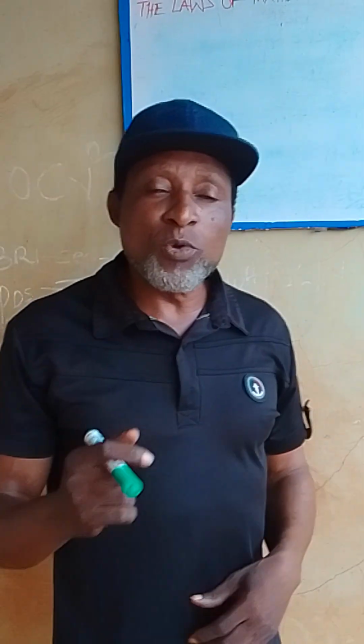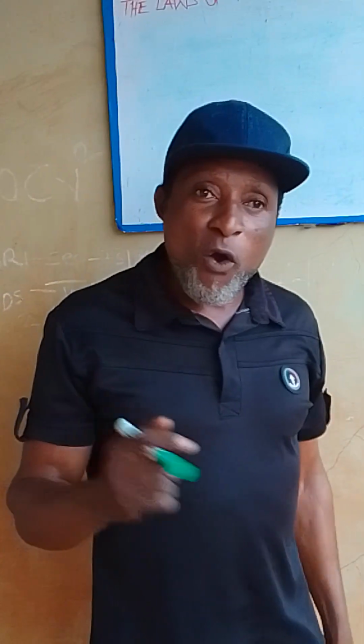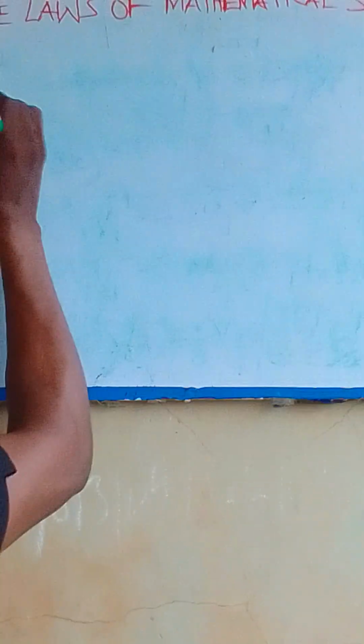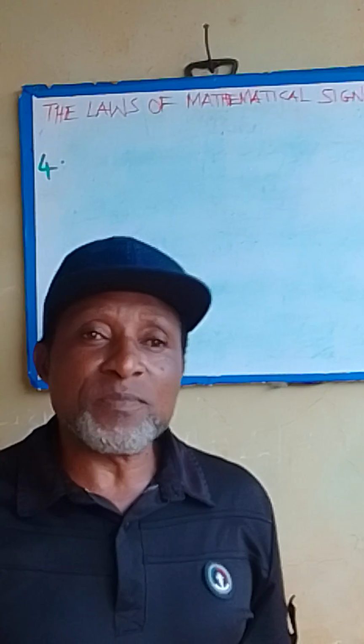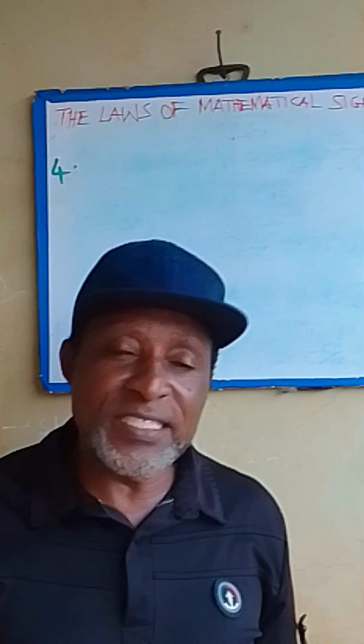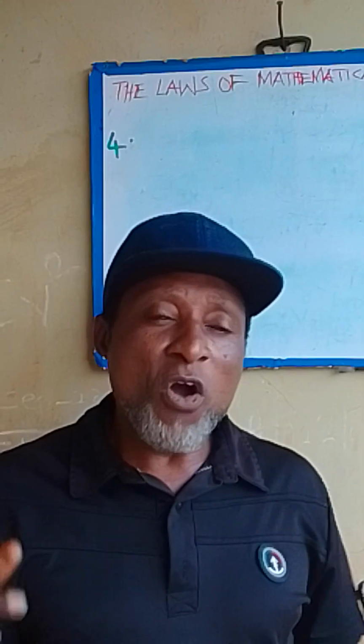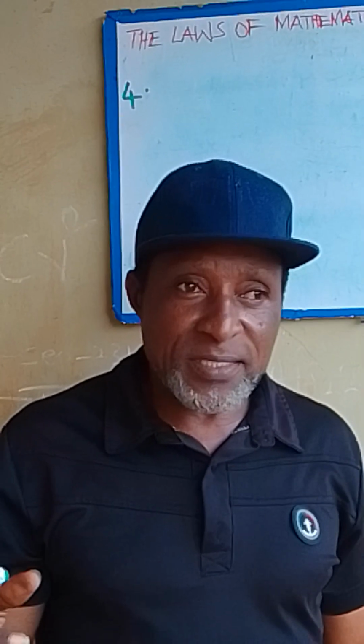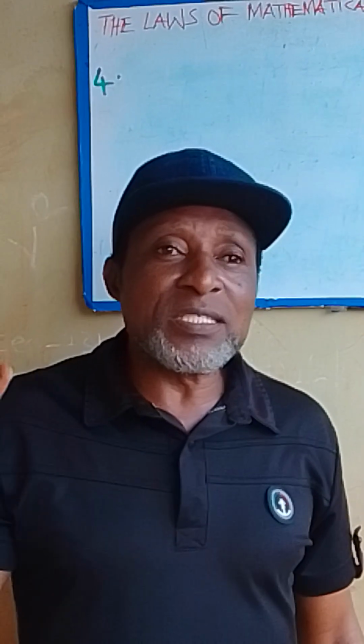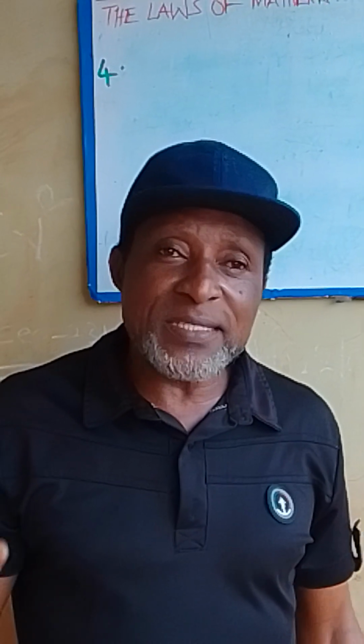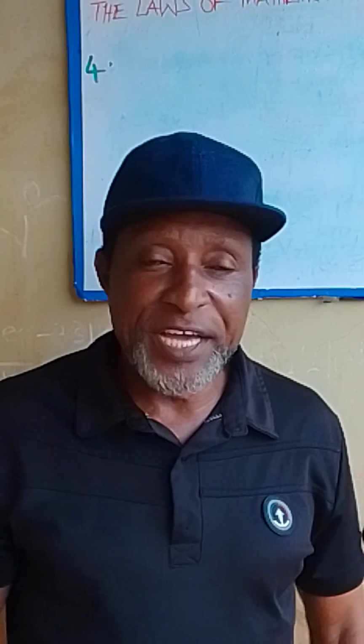So now we are going to look at law 4. Law 4, which we are going to be looking at, states that it is the law of multiplication of odd sequence negative numbers. If odd sequence negative numbers are multiplied together, the result will be negative.